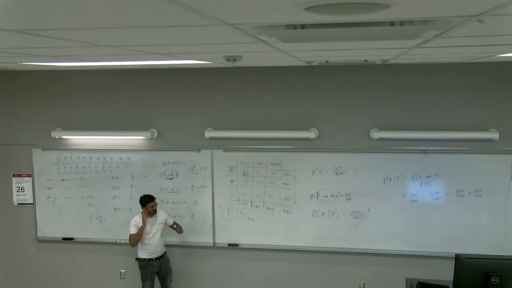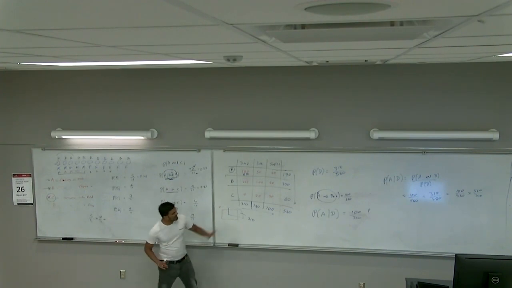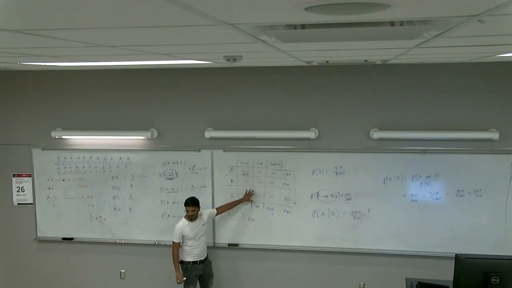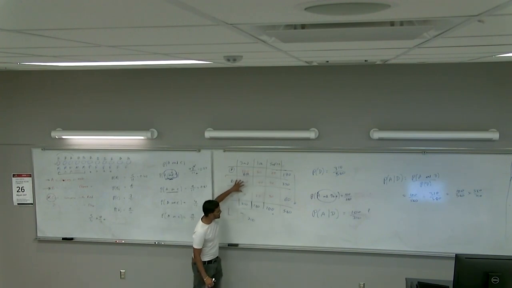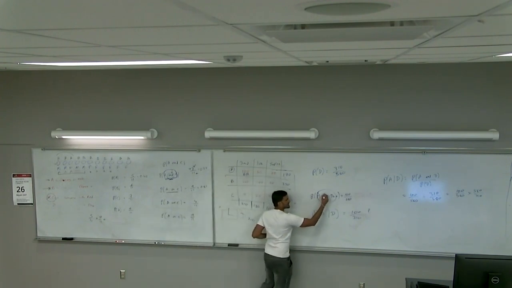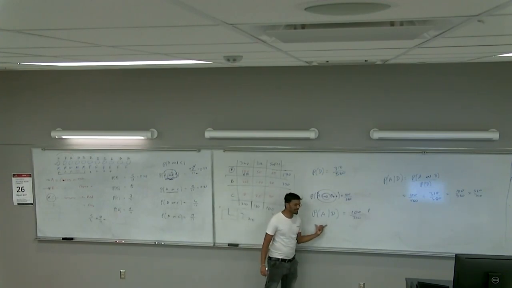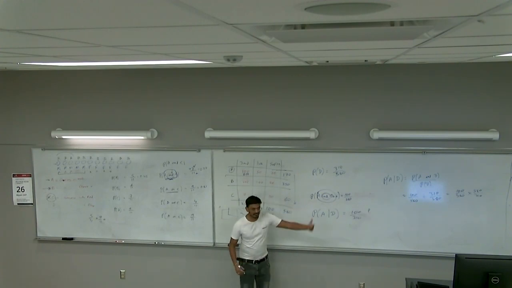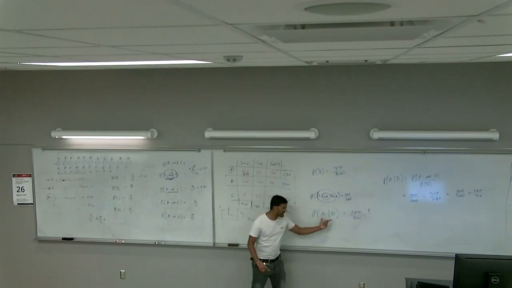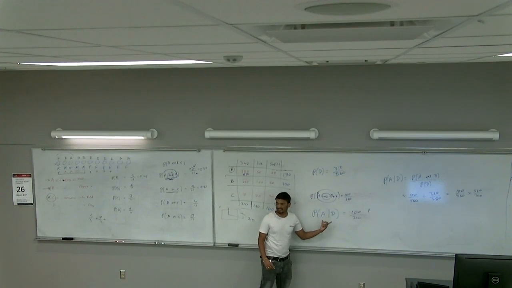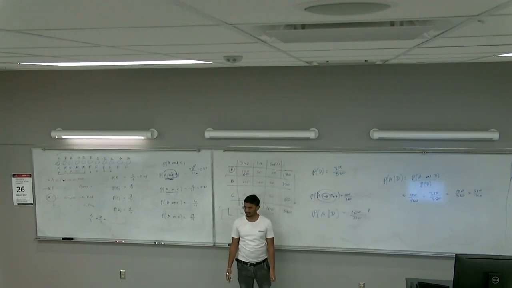Something that you should understand is, in the two-way table, these values represent the things with respect to and, and you have to manually calculate conditional probabilities. But when it comes to a tree diagram, the conditional probabilities are given, and you have to calculate the and part. So that's the main difference between the two.